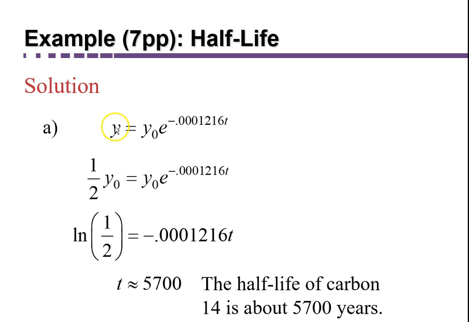So, there's our initial formula. You're going to copy that down. That's straightforward. Now, we're going to say we want to find, now we have half of it left. So what we're going to do here, and it's a little tricky, so let me write it out for you.